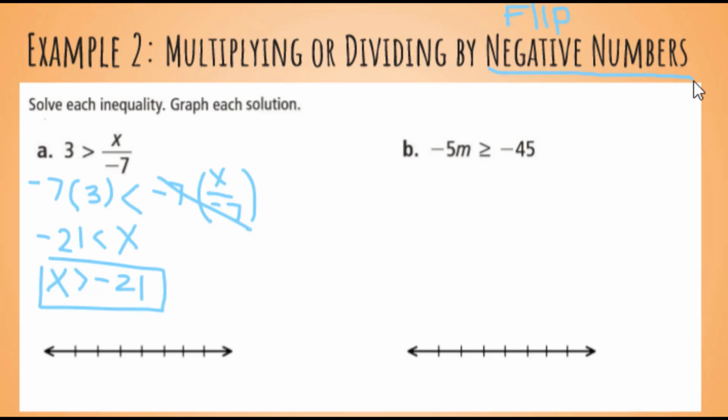So here's our answer. I'm going to label my tick point negative 21. We're using an open point because it's not equal to, and we shade to the right. So this is our second answer.